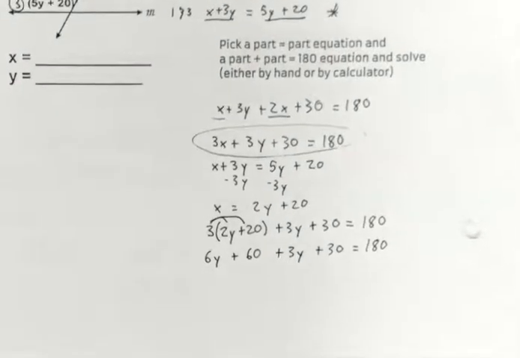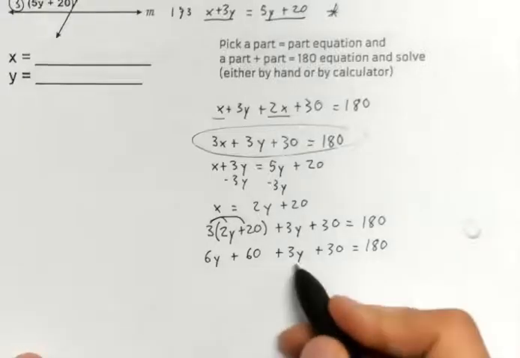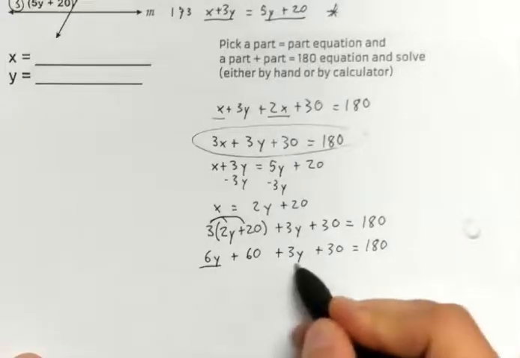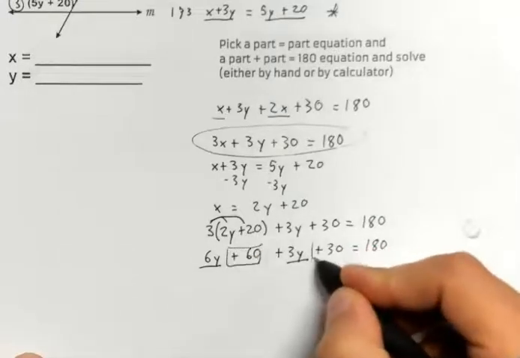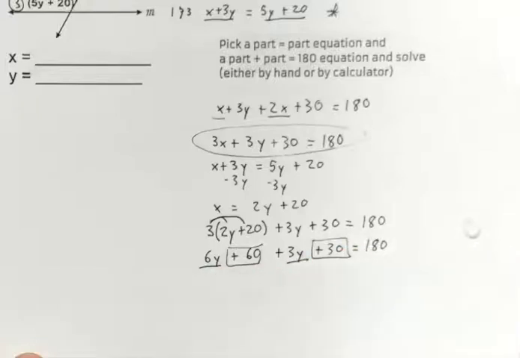Now, if you're like, oh, this is too much work, I don't want to do this kind of math, don't worry about it. I'm going to show you another way that's way simpler, okay? So I'm going to combine my like terms. I've got my numbers without variables, and I've got my variables.